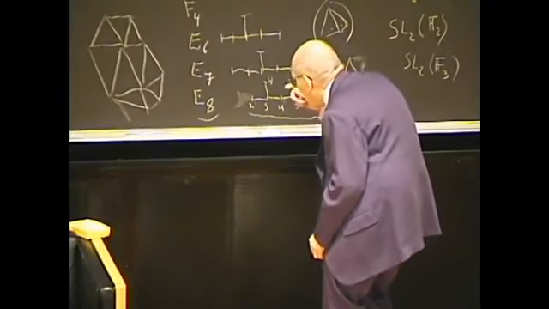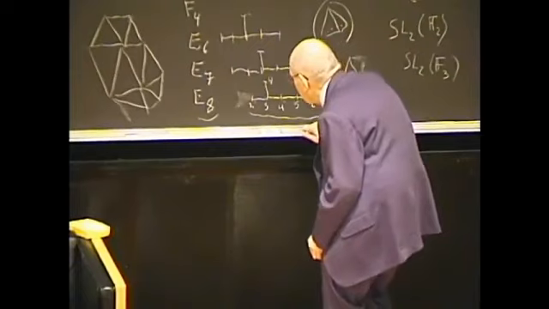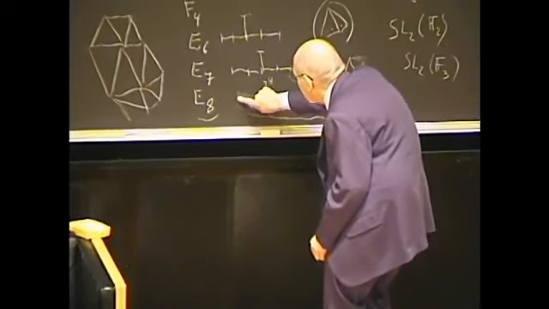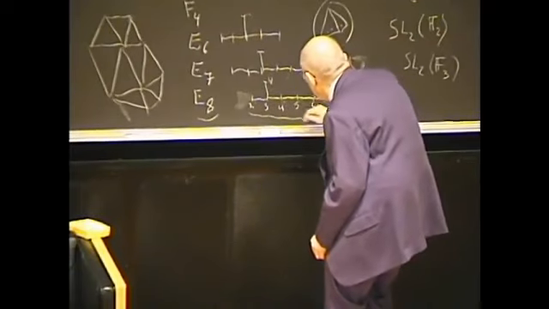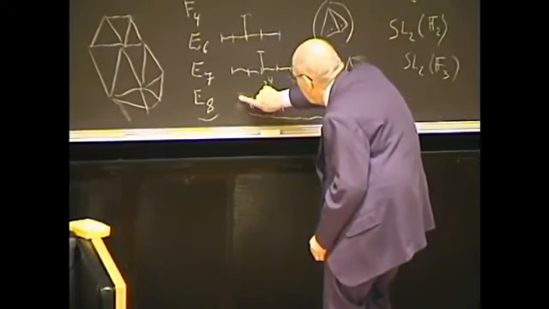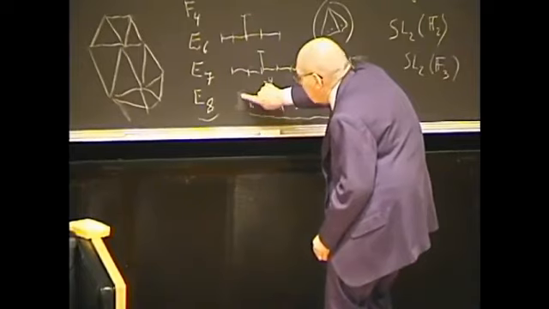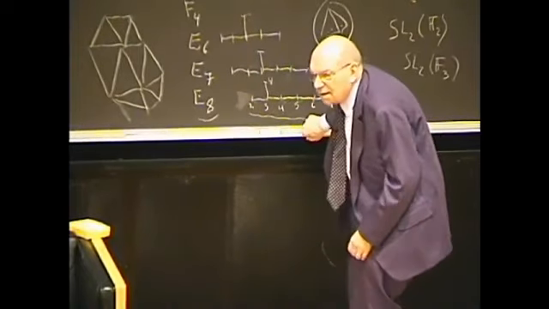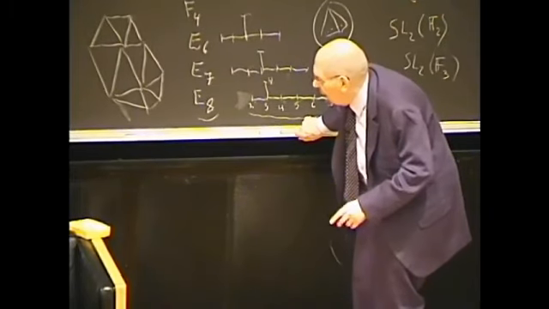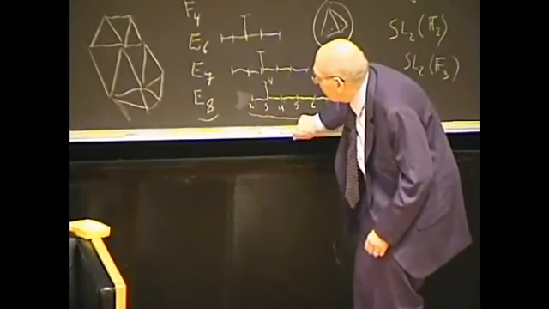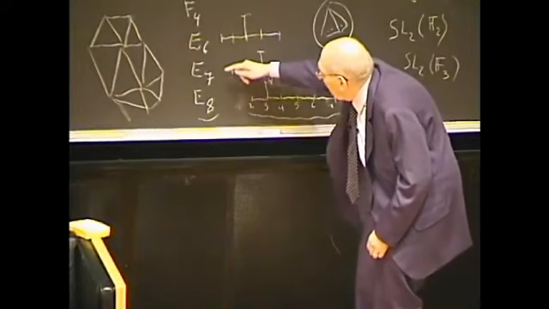a building of type E7, which means a building corresponding to the picture that I get from this picture by erasing the vertex of type 1. So this is a way of defining locally the buildings of any one of these types.